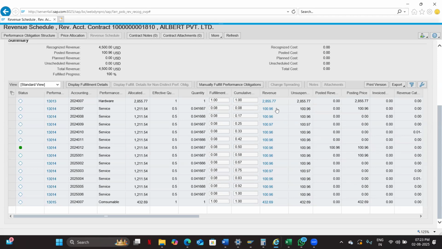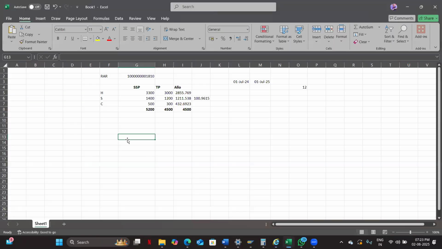When the customer pays, the full invoice amount that came to us is given to the unbilled account. Let me explain here.